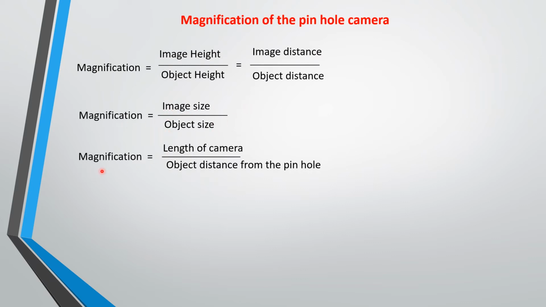Or you can also say magnification is equal to length of camera over object distance from the pinhole. Depending on the variables you are given, you can use any of these formulas to get the magnification of a pinhole camera. Having said that, we'll just solve some problems so that we can drive home some of the points that we have discussed.